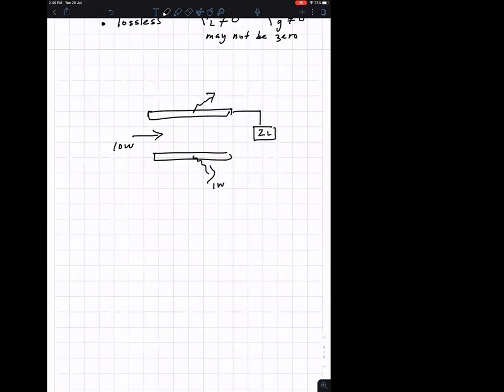Load and line are not matched. Now you may get a reflection here. Maybe another 1 watt is reflected. After reflecting, some of it comes back here, and it can also get reflected at the input. Reflection goes back and forth. Some of it can combine and form a standing wave.